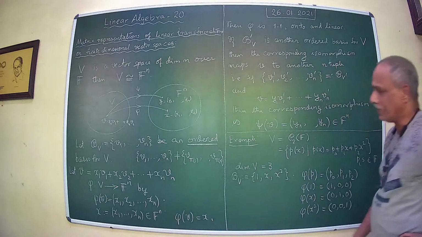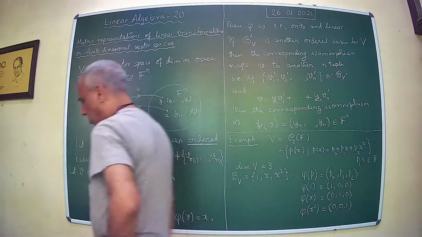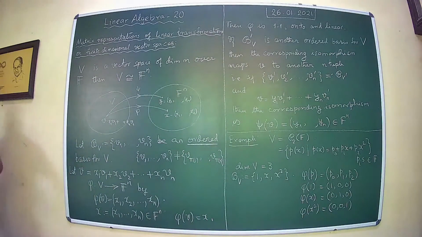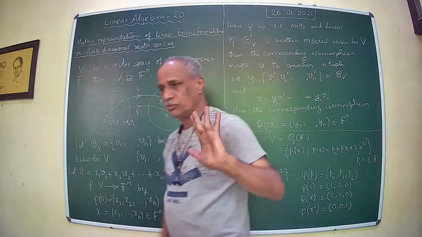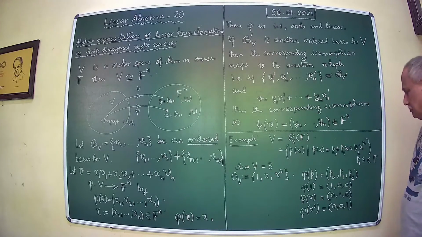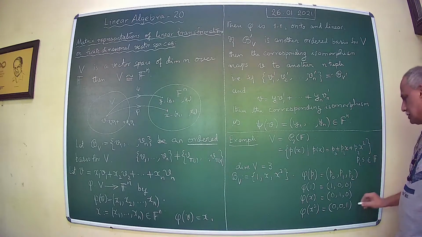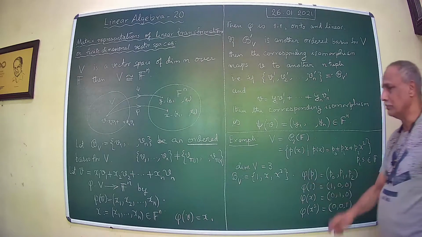Essentially what you are doing is mapping the elements of the ordered basis to E1, E2, etc., En, that is the standard basis for F^n. Map it in this way. Okay, so that's about B_V.